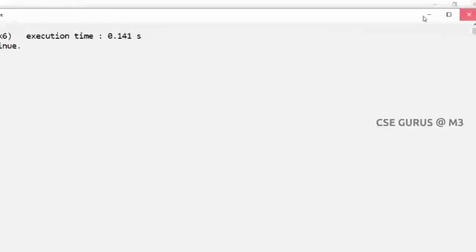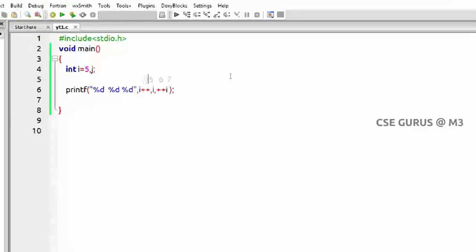Anyway, I'll explain this one clearly. The first thing is we have to evaluate not from left to right, but from right to left. Remember that. So first, the right side has ++i, which we take first.